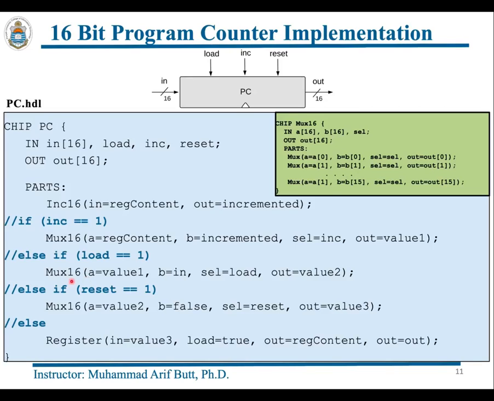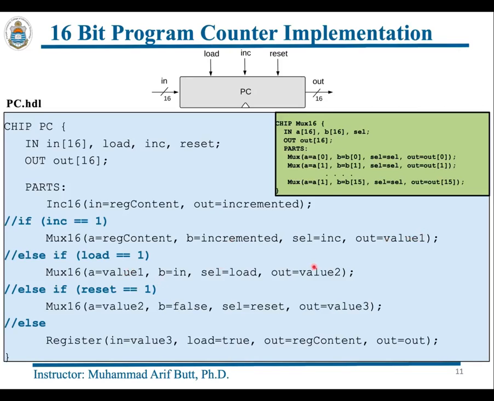This second MUX 16 decides whether to load a new value in the register or not, depending on the value of its selection input load. So if this is 1, the new value that is there on the in will be placed over here, and if this is 0, the value which was here will be placed on out.